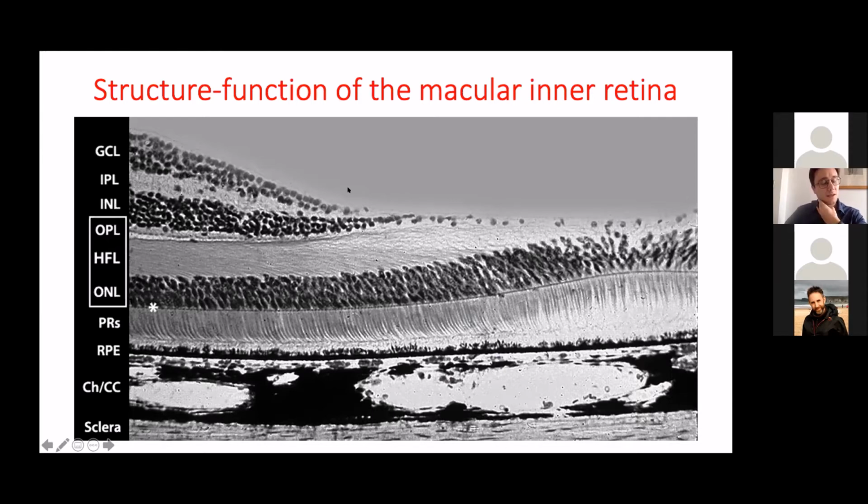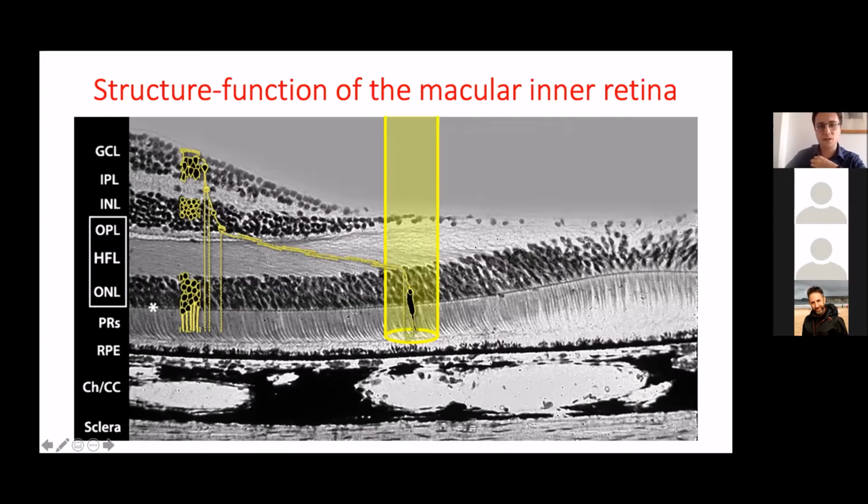This has important implications because, if we shine a stimulus on this part of the retina, the ganglion cells that will receive the input from the photoreceptors will be displaced radially away from where we are projecting the stimulus. As you can see, this connection is performed by the Henle fibers, which have this diagonal path from the photoreceptor to the ganglion cells.